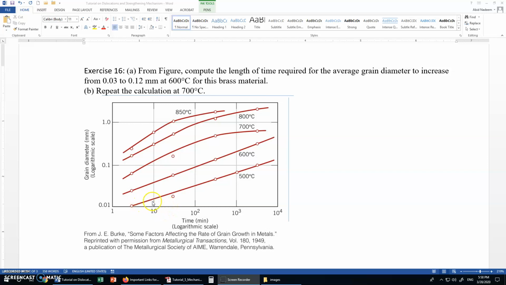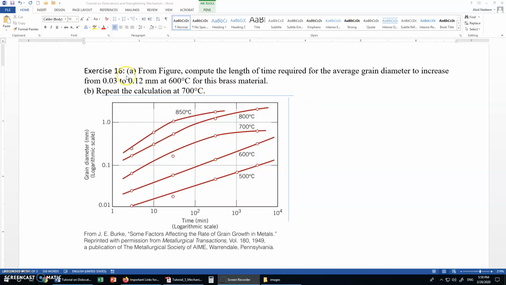Different curves show the condition of this brass material for different temperatures: 500 degrees centigrade, 600, 700, 800 and 850. And as you can see, for a given time the grain diameter increases with increasing temperature.